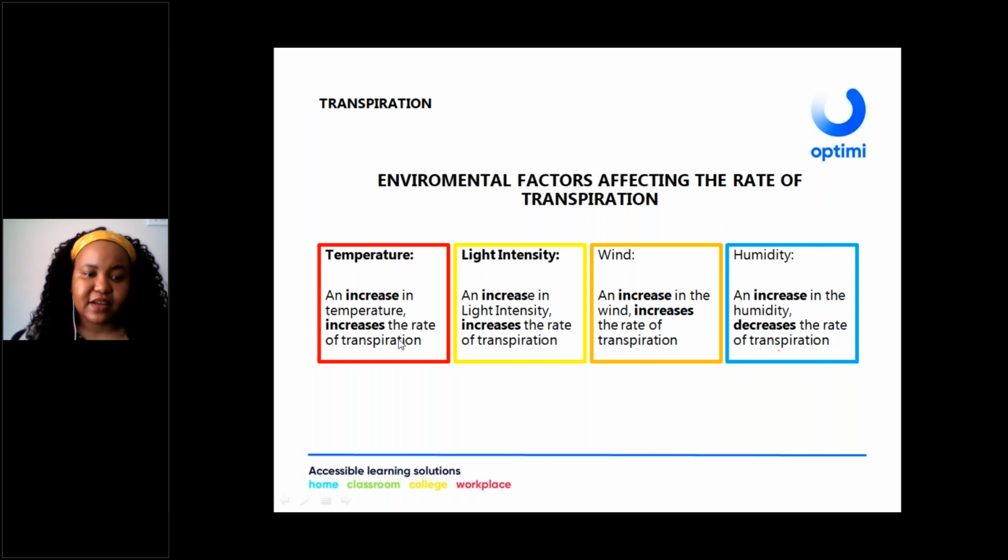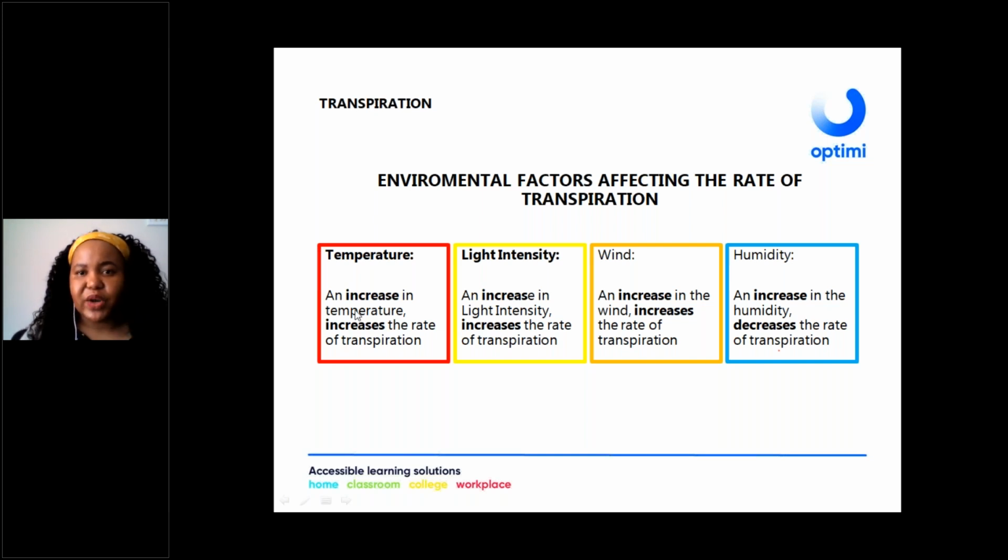I'm going to start from the left to the right. Temperature, we know, is how hot or cold it is. An increase in temperature increases the rate of transpiration. How so? If it is warm in the atmosphere, there is a need for the plant to try and cool itself down. As it cools itself down, water vapor will be released into the atmosphere.